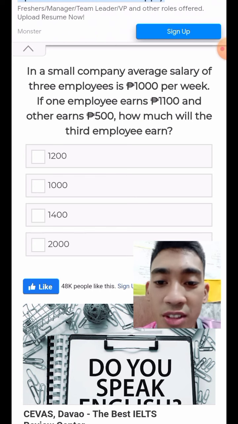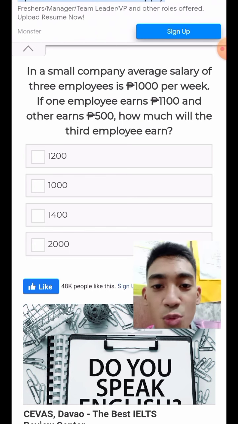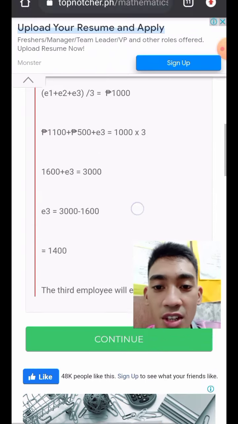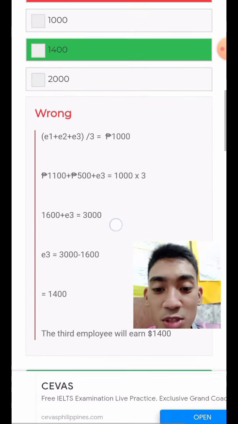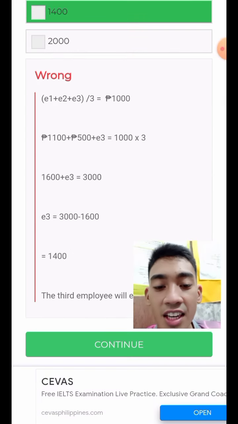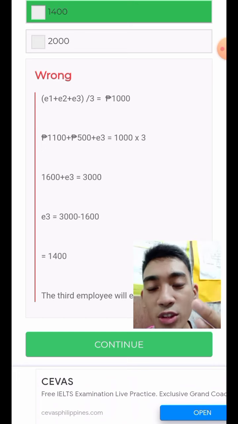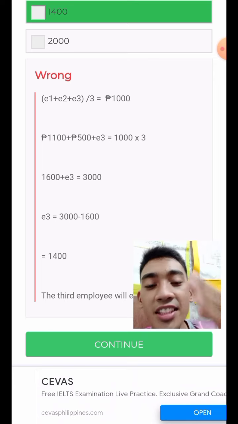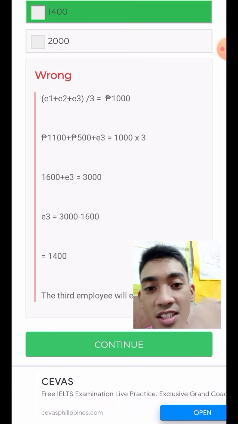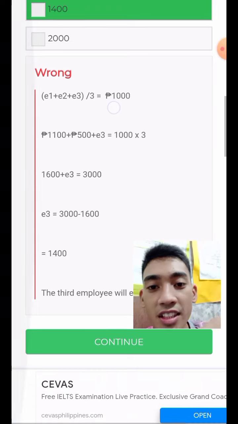So let's try to answer. Is it 1,200 pesos? Okay, it's 1,400 pesos. Take note of the formula here: employee 1, which is A, employee 2, which is B, employee 3, which is C. Divide it into 3 because there are 3 employees and the average is 1,000 pesos. This is the formula to get the average.